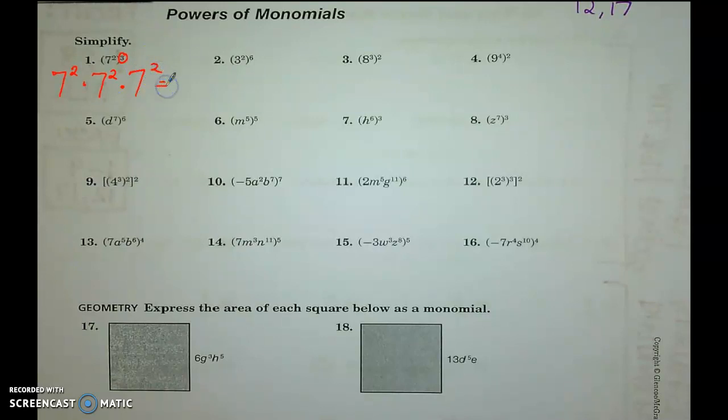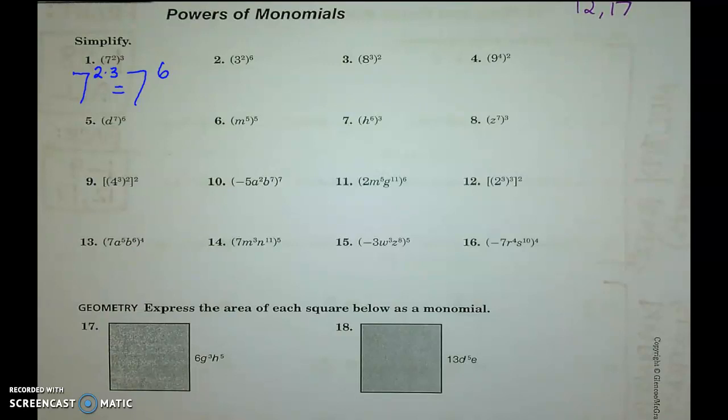So when we think about our multiplying powers rule, that would end up being 7, 2 plus 2 plus 2 gives me 6. Now, with our rule that we are learning, we have 7 to the 2 times 3, and that gives us 7 to the 6th power. So that's what you're going to be doing on this section.